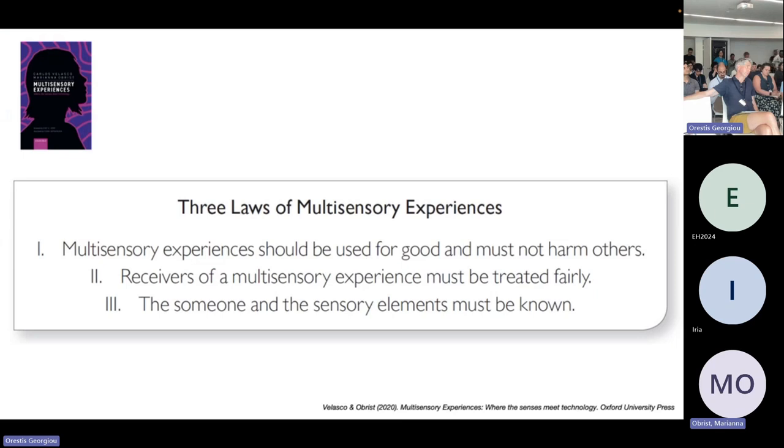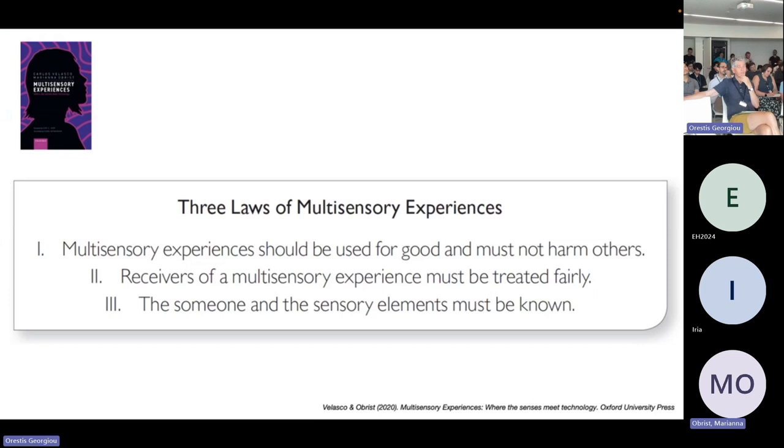And if you go to the next slide, in our final chapter we talk critically about these responsibilities we have in designing multisensory experiences. And we propose these three laws. I'm sure many of you recognize there the three laws of robotics, and Asimov was obviously someone who inspired us. But we try to summarize that multisensory experiences should be used for good and must not harm others.